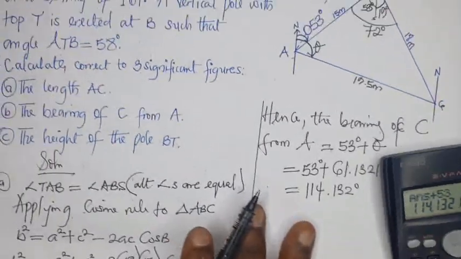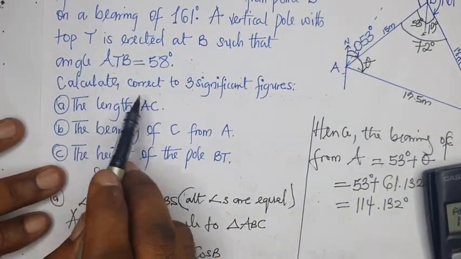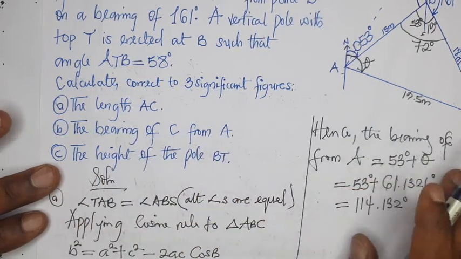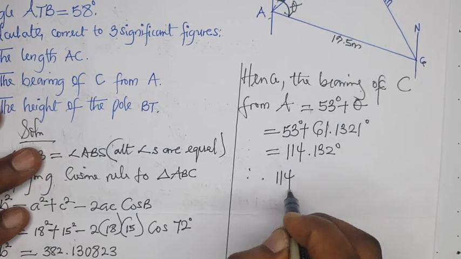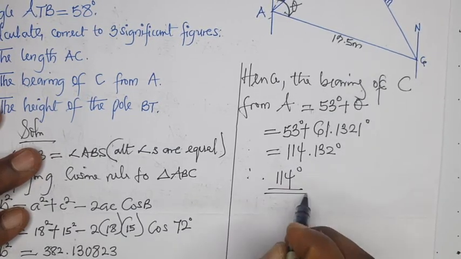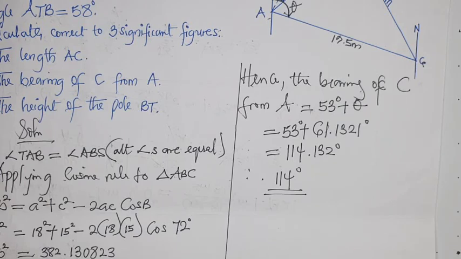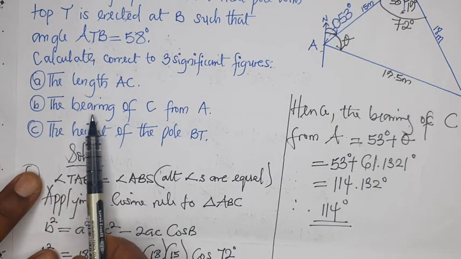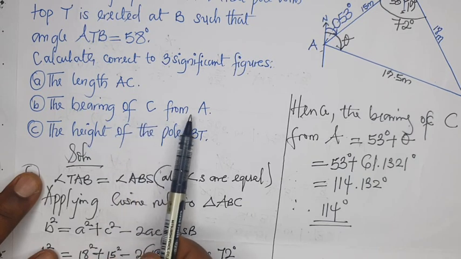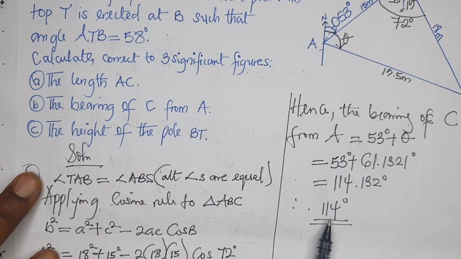But see, we must follow the instruction of the question. Correct your answer to 3 significant figures. Therefore, our final answer will be 114 degree, because this is the 3 significant figure you can derive from that. Now we have successfully solved the second question also, that wanted us to find the bearing of C from A. The answer is 114 degree.